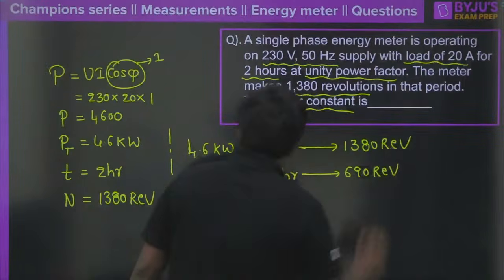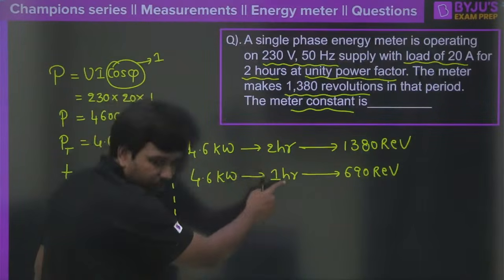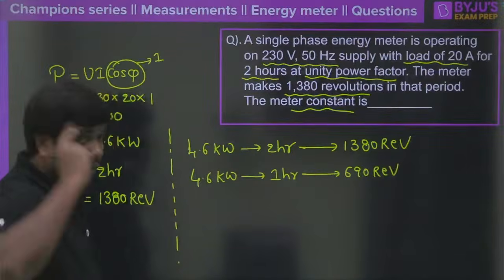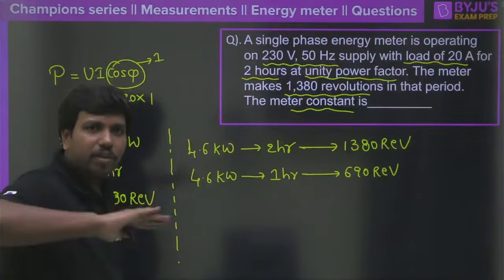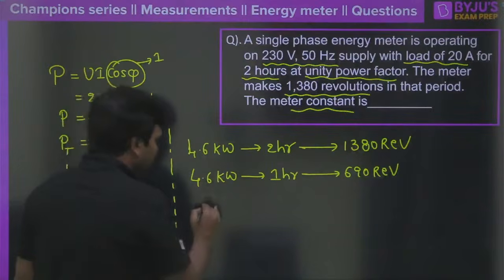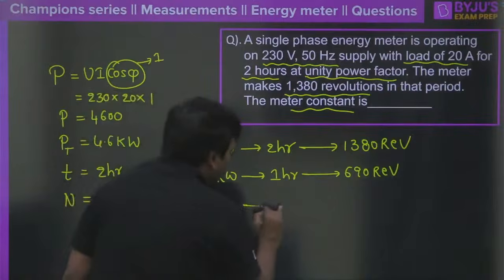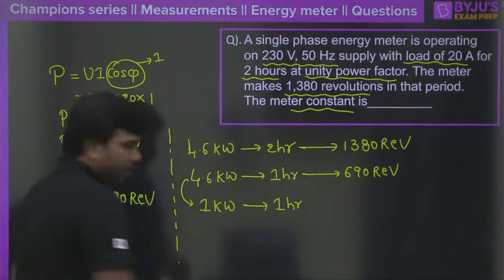690 revolutions. It means that 4.6 kilowatt power, if consumed for 1 hour time, is going to make 690 revolutions, correct? Now keep the logic there. Don't use any formulas. Go with the plain mind. You are an engineer, think like an engineer. So 1 kilowatt power in 1 hour, how much will it be? From here to here, how will you come?